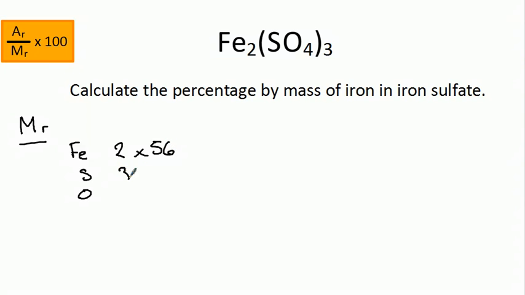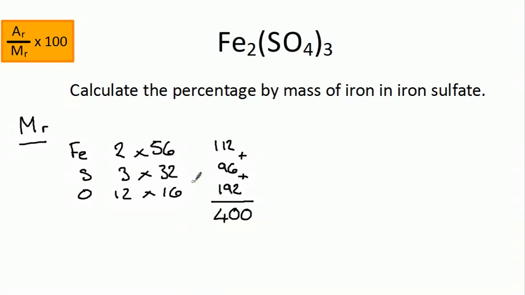We have 3 sulfurs because the brackets times everything by 3, so 3 lots of 32, and then 12 lots of oxygen, so 12 times 16. This comes to 112, 96, and 192. Adding all of those up, it comes to 400.